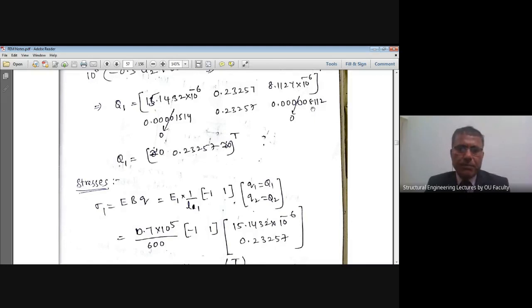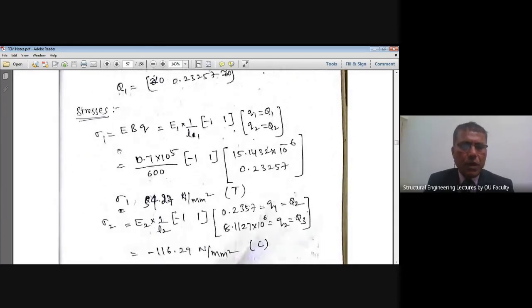Hence, compared to this quantity, these are very negligible. I'll say that they tend towards 0. Hence the check: yes, along the first degree of freedom, that indicates that it is a rigid support. Yes, correct answer. That is not yielding, or it is yielding by a very small amount, right? Like that, the last support is also yielding by a small amount. Hence, I got the correct result.